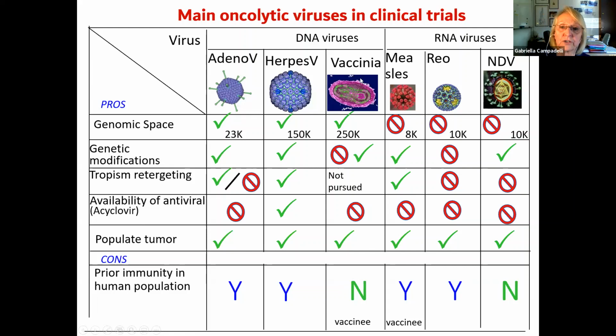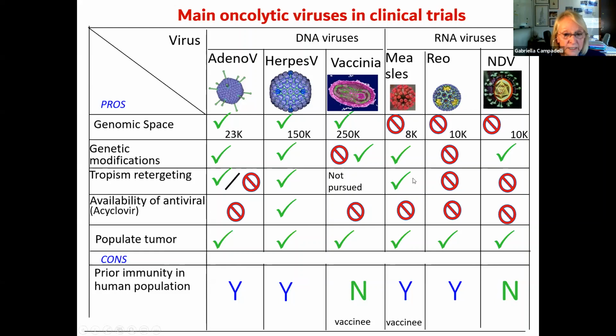Concerning the RNA viruses, an interesting oncolytic virus is the measles virus derived OV. But you can see immediately that the genome of these viruses is rather small. So if you want to introduce an extra gene, you have to delete one of the viral genes, and at best, you can put one transgene. For measles virus, the genetic modifications are readily done.